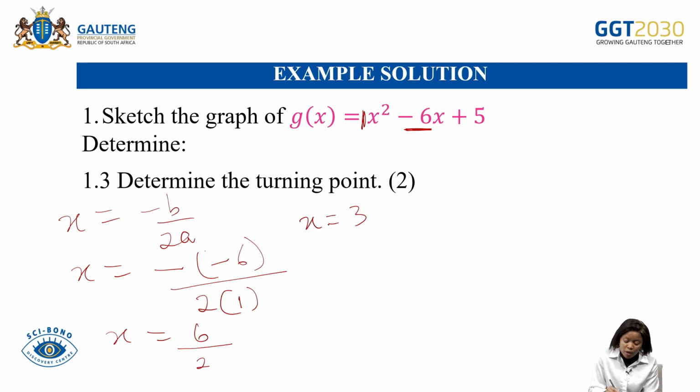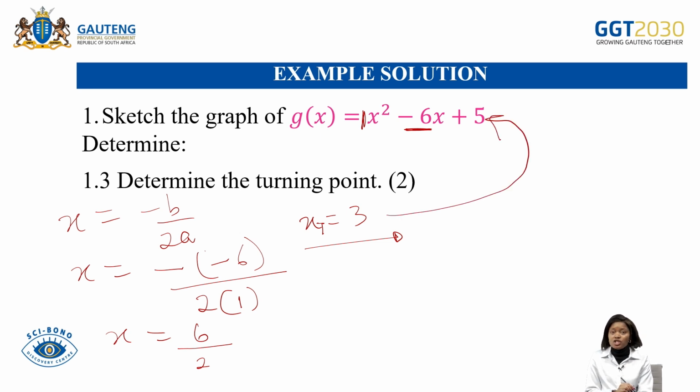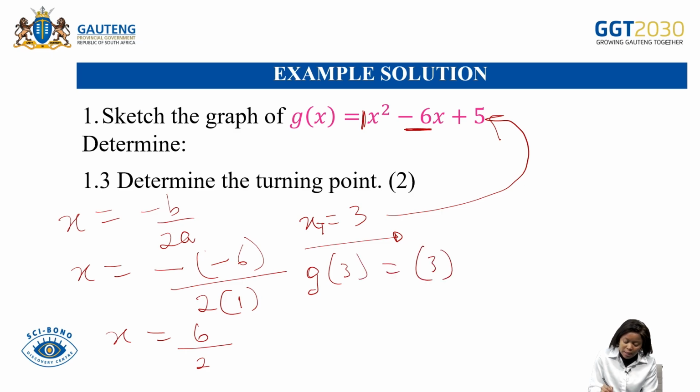So now I do have the value of x of the turning point. Then what do you do with that value of x of the turning point? You are going to take it and substitute in that original equation so that you can get the corresponding value of y. So it means where there is x, I am going to replace it with 3. It is equals to 3 again, then I square, minus 6.